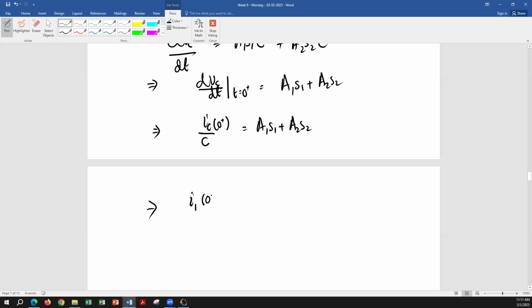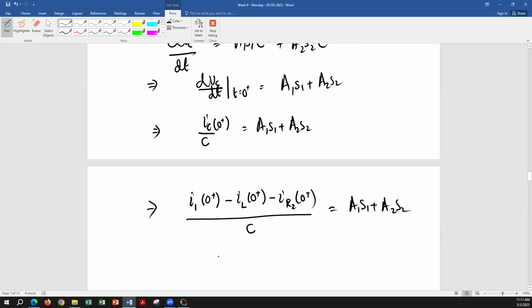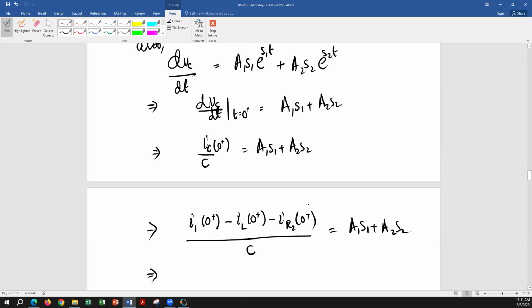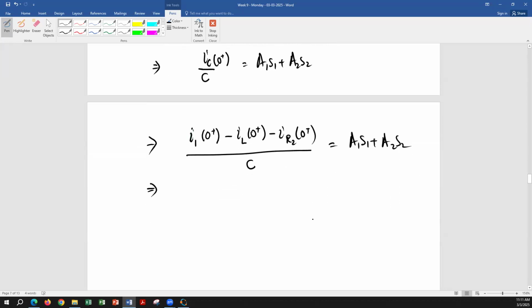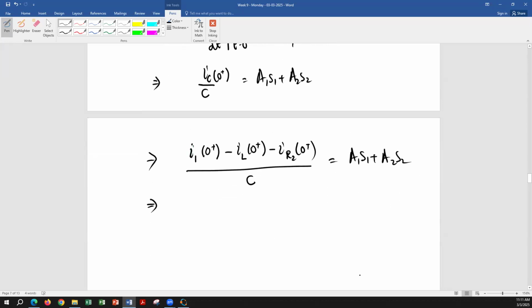So I1 at 0 positive, minus IL at 0 positive, minus IR2 at 0 positive, over C, equals A1 S1 plus A2 S2. Okay, IL at 0 positive we know. How are we going to write IR2 at 0 positive and I1 at 0 positive?